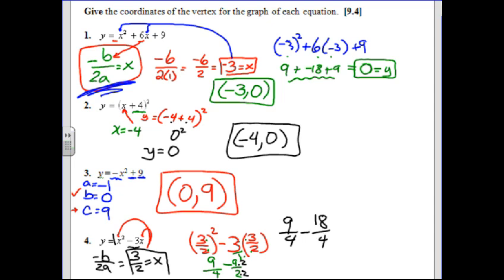Then I can subtract this. This is going to give me -9/4. That's finally my y. Now I have x over on this side, and I have a y over on the other side. So now I can write my answer as 3/2 and -9/4.